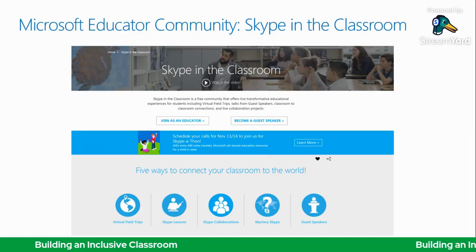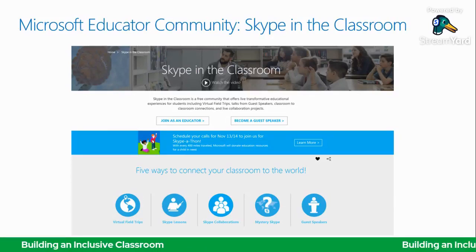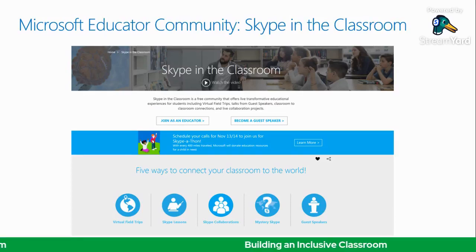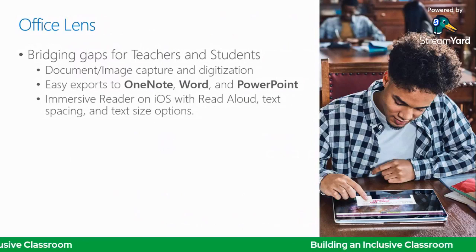Not only is it easier to communicate with people further away these days, there's one more tool I want to show you that can make collaboration and communication right in your school more doable. So let's do this. Familiar? So welcome to Office Lens. Okay.